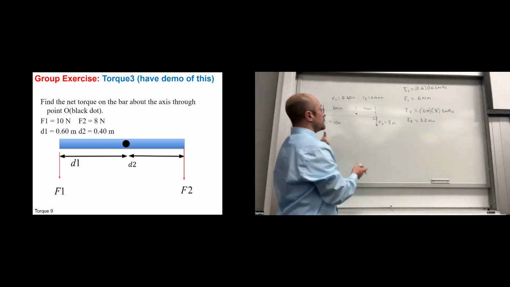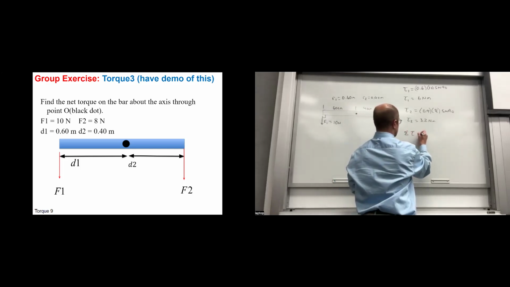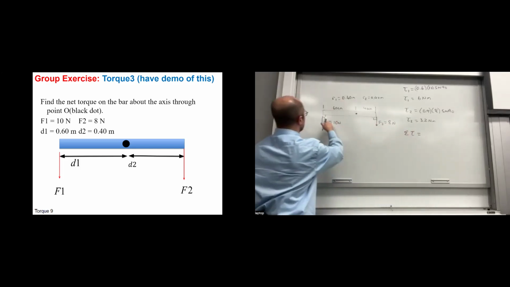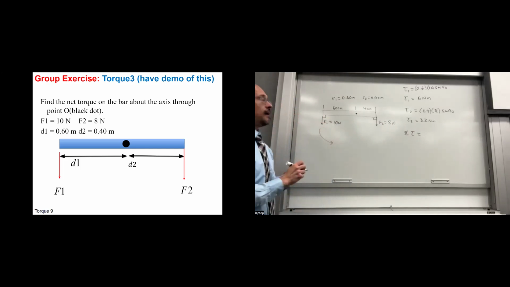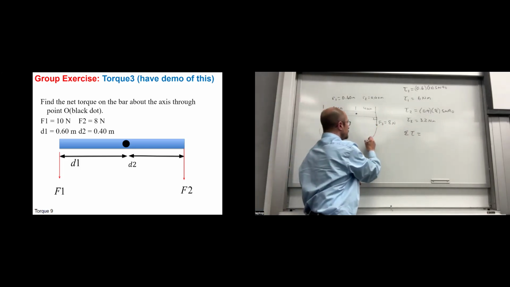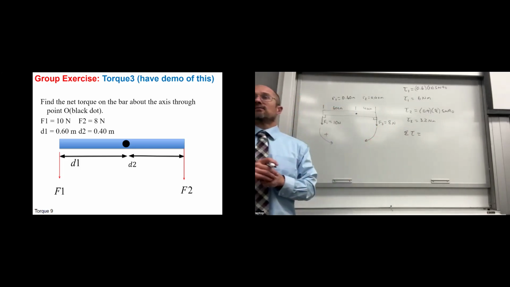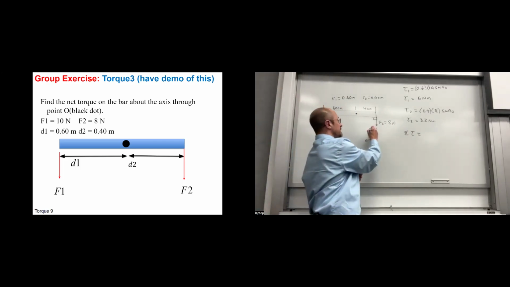Now, when we go to look at it, we have to sum our torques. We look in and say, well, this one would cause the system to rotate this way. And is this clockwise or counterclockwise? Counterclockwise. We know this is going to be positive, and on this side, it's going to cause a what? This is clockwise, so it's negative.